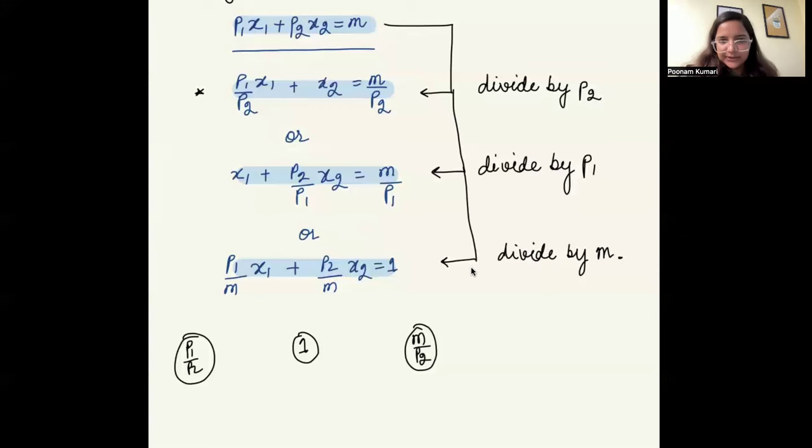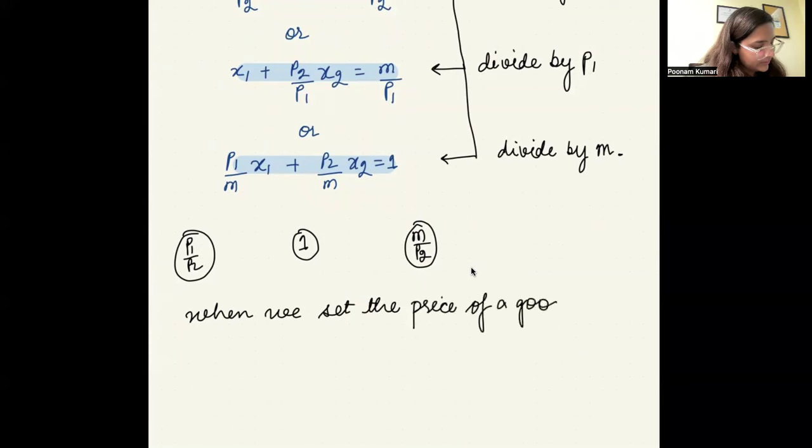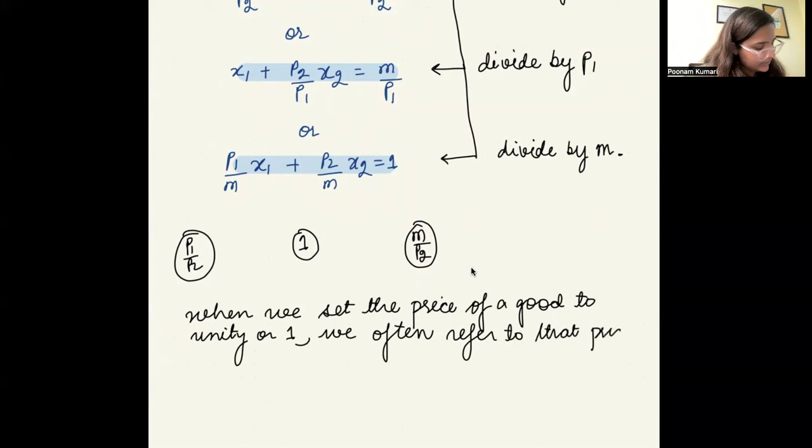So whenever you start treating the price of one good as unity, we call that good the numeraire good. So what am I saying? When we set the price of a good to unity, or 1, we often refer to that price as the numeraire price.